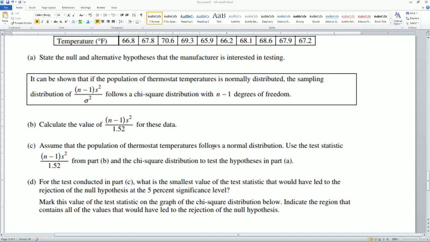They tell you it's a normal distribution, so you can do the chi-square test. What you're calculating here is probably the expected data, right? So calculate that out and tell me what you got for part B, then do C.